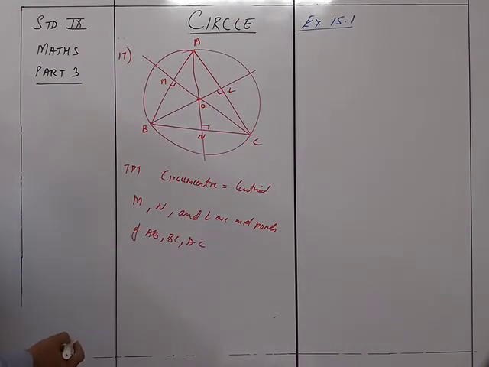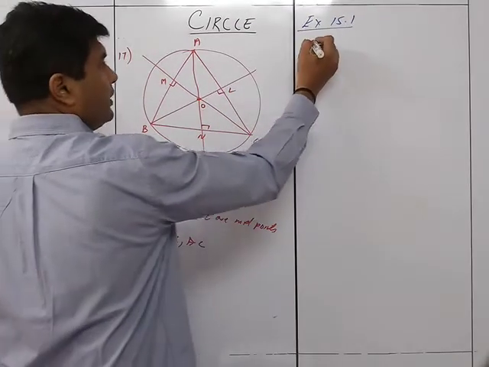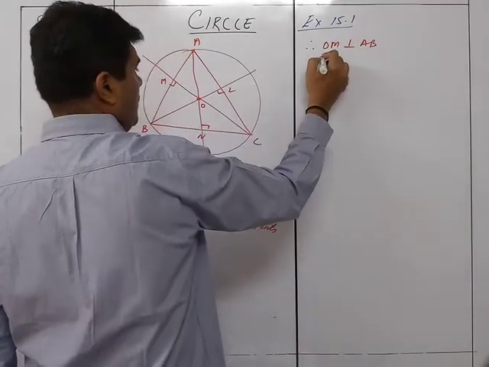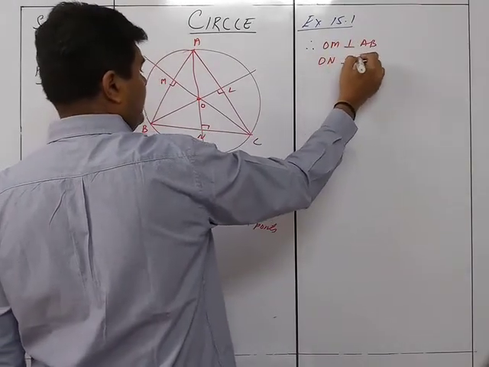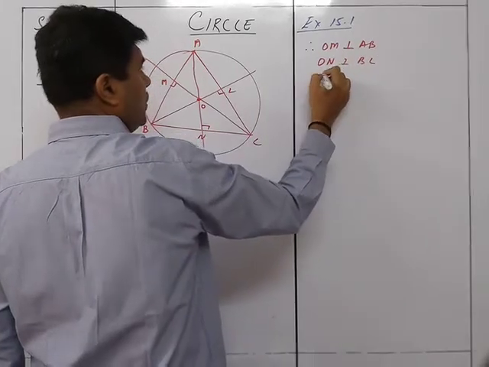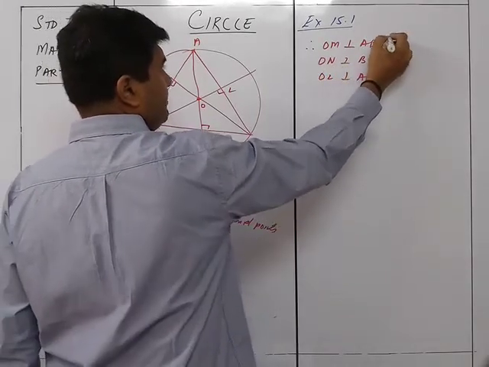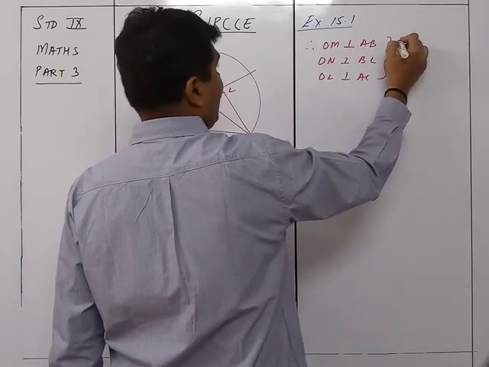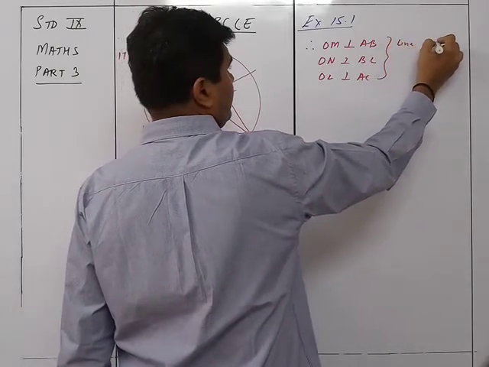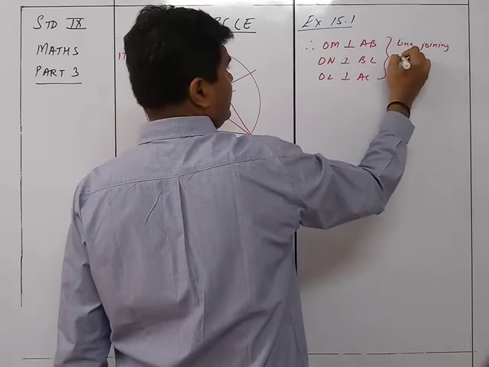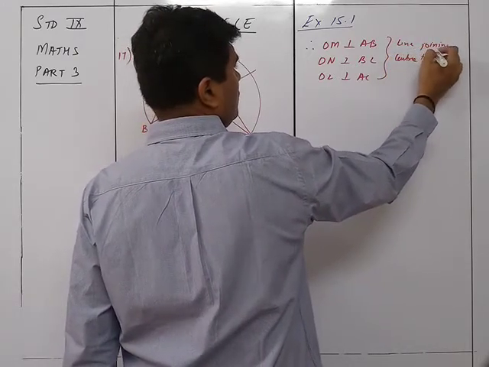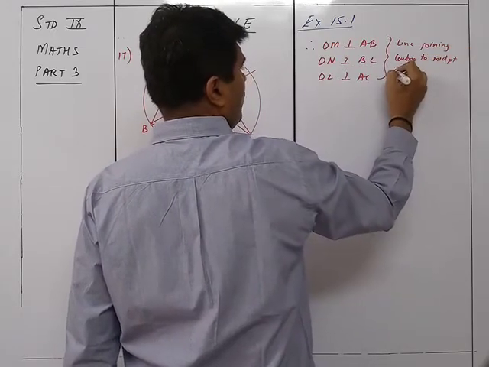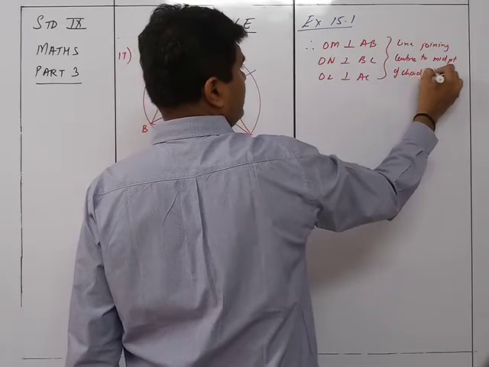Therefore, OM is perpendicular to AB, ON is perpendicular to BC and OL is perpendicular to AC, because the line joining the center to the midpoint of a chord is perpendicular.